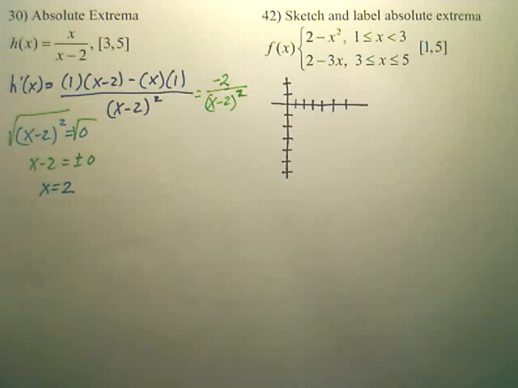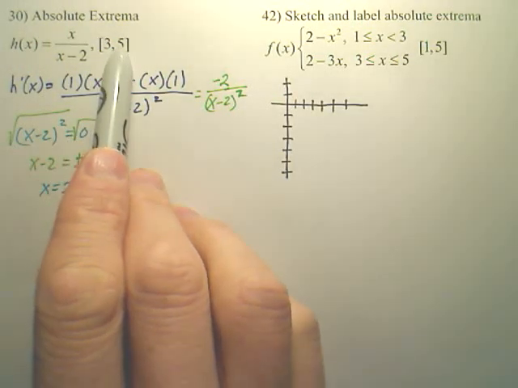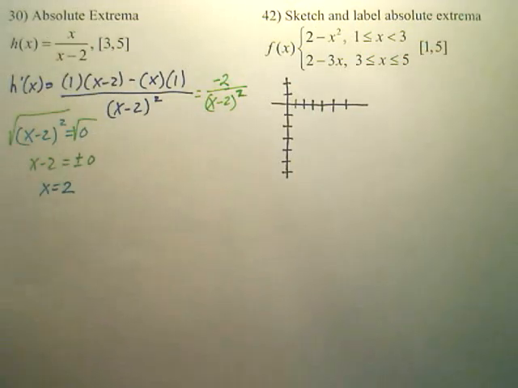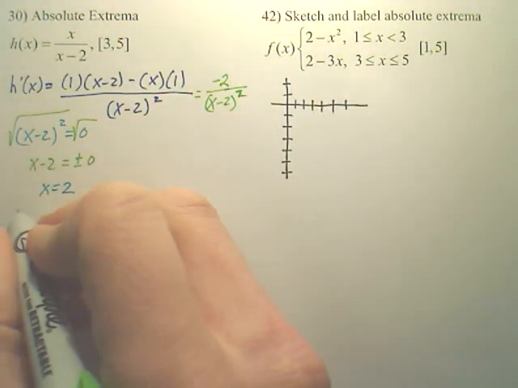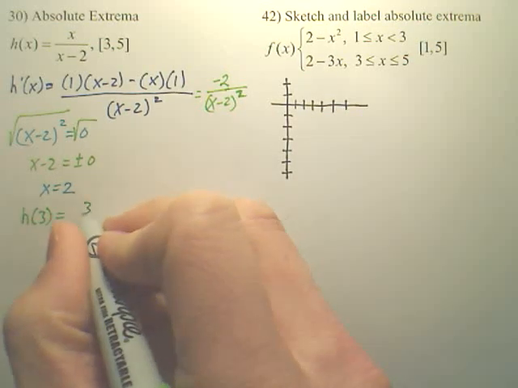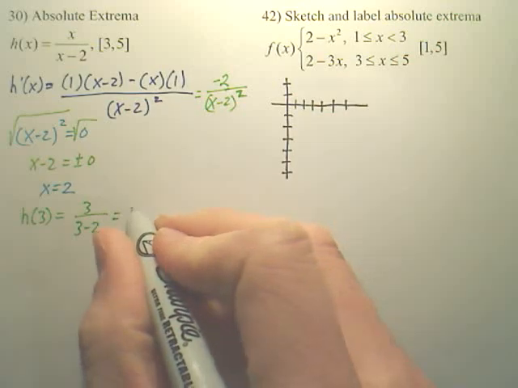So really all we have to check for this problem is 3 and 5, and see which one's the highest and which one's the lowest, because there are no other points between them that get higher or lower. So basically, we need h of 3, which should be 3 over 3 minus 2, which is 3.